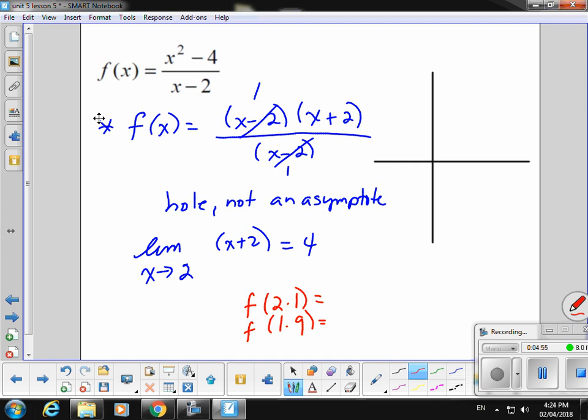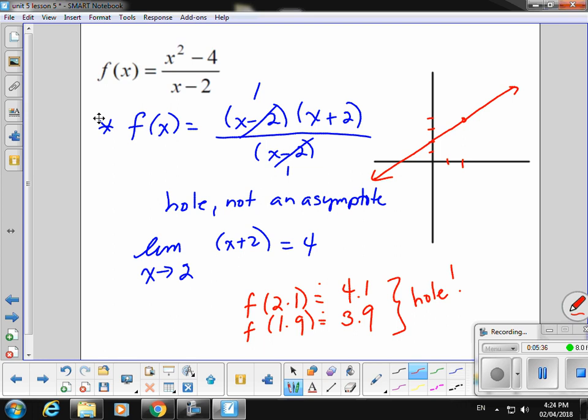I'm going to put 2.1 into the original function and it is approximately 4.1. Put 1.9 into the original function, and it is 3.9. It is not approaching infinity or negative infinity for an asymptote. It confirms that we have a hole. So we would have at 2, gets closer and closer to 4, but undefined at that place. There. Just don't forget that helpful tool from last year.